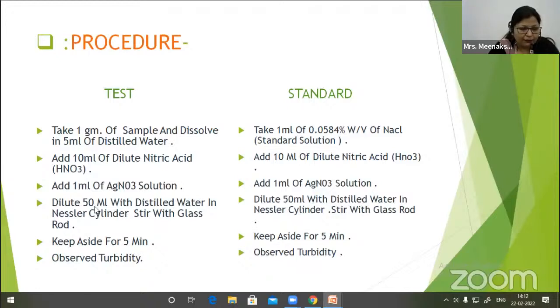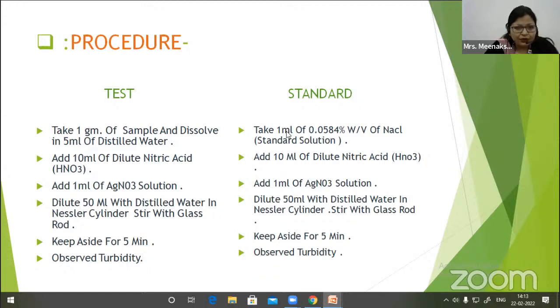Here we have taken a 50 ml Nessler cylinder because the quantities were small. So we have added to the sample 10 ml of dilute nitric acid. To this we have added 1 ml of AgNO3, and then this is diluted to 50 ml, and of course we use distilled water for this. After diluting to 50 ml, we stir it with a glass rod and keep it aside for 5 minutes. Then we of course measure its turbidity or opalescence.